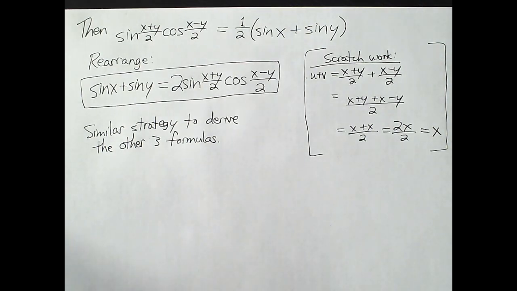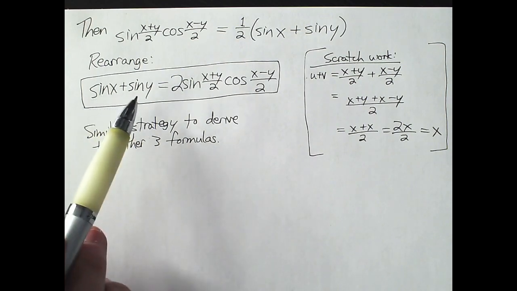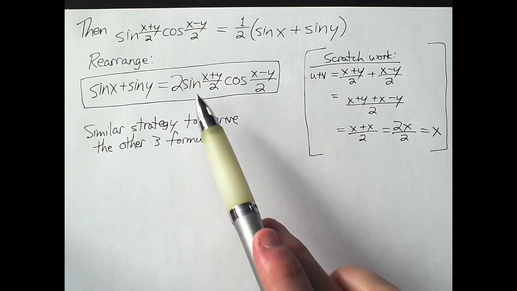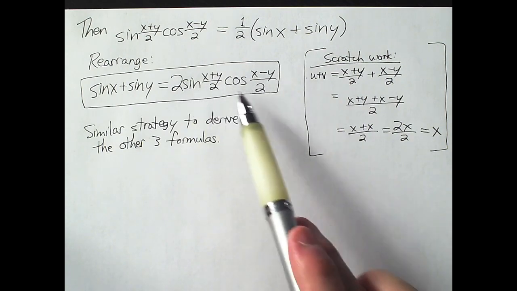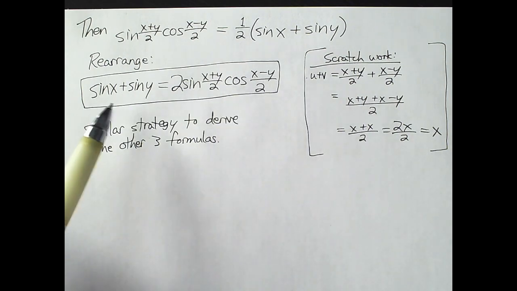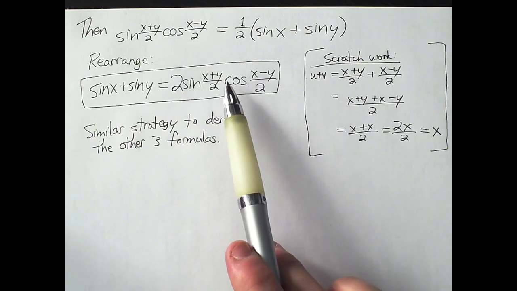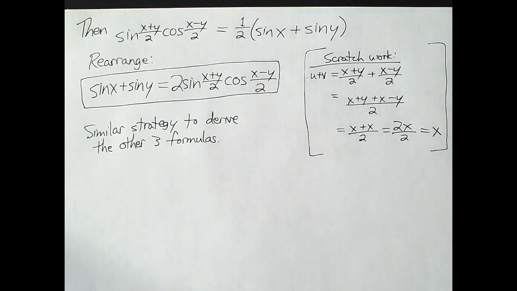So this is called sum to product because on the left-hand side we have a sum of 2 trig functions, and on the right-hand side we have a product of 2 trig functions. There's other stuff going on too, but just broadly speaking, the left-hand side is a sum, there's the plus sign. The right-hand side is a product, there's the multiplying.